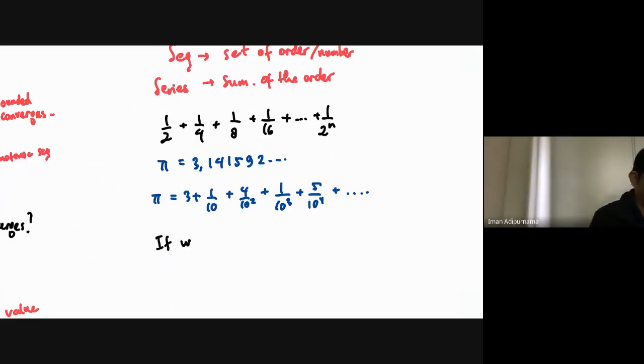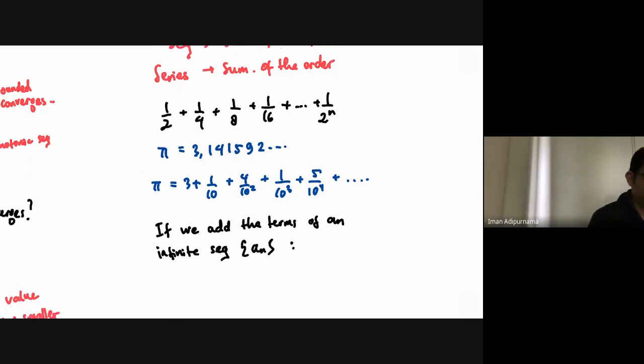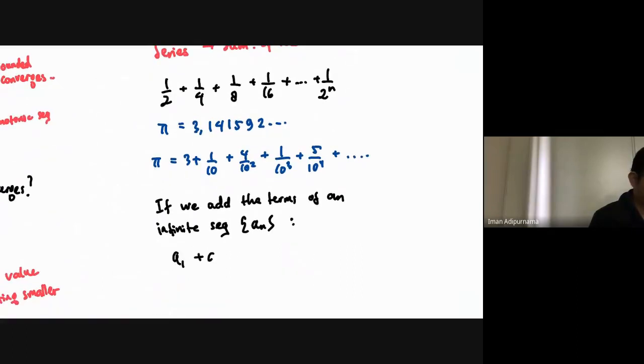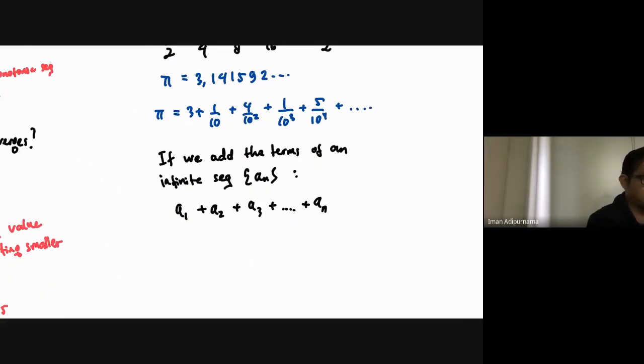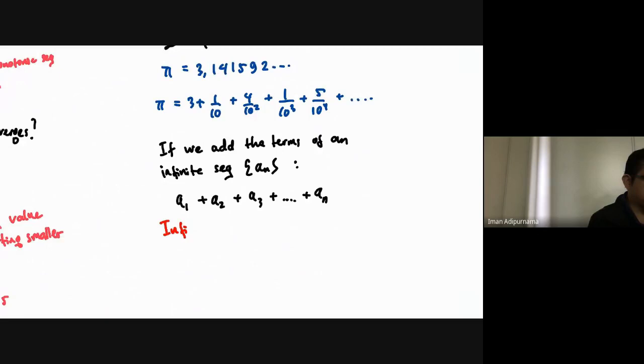And if we add the terms of an infinite sequence, we will get A1 plus A2 plus A3 plus dot, dot, dot, plus An. And we call these terms an infinite series.